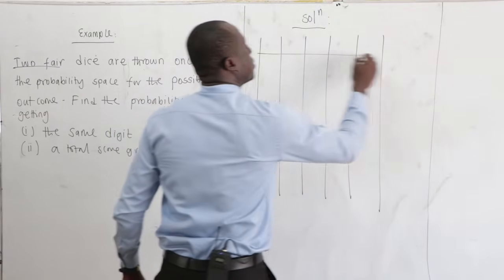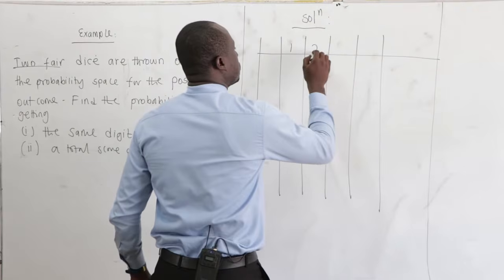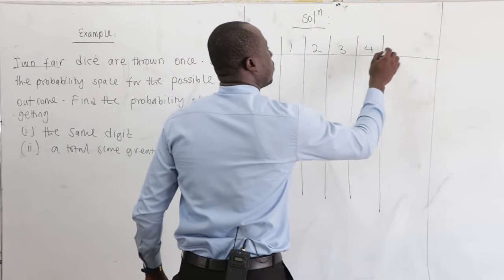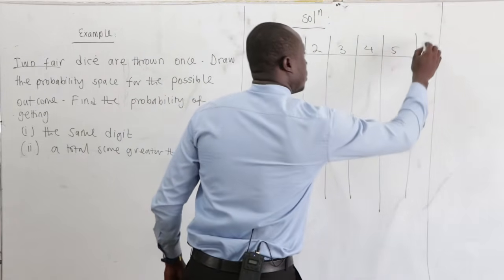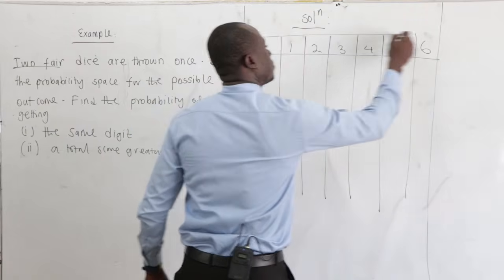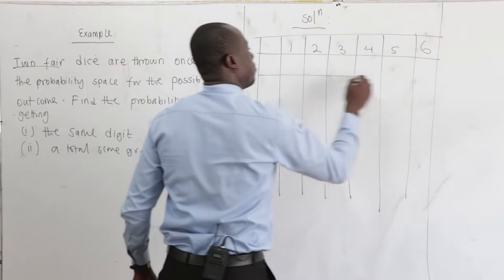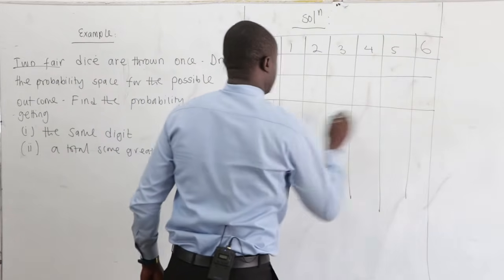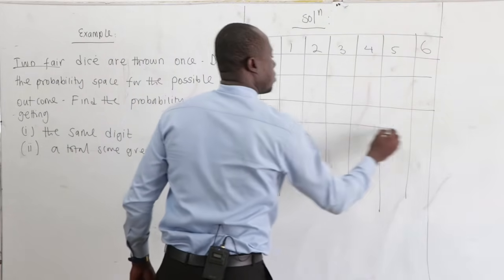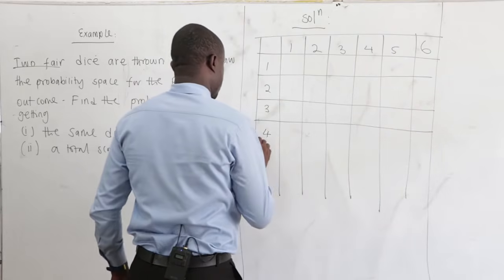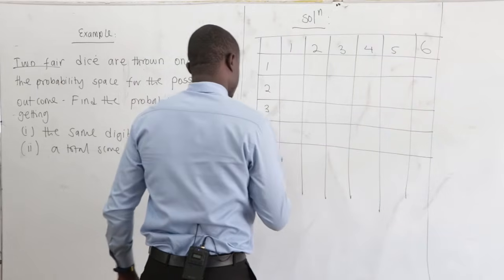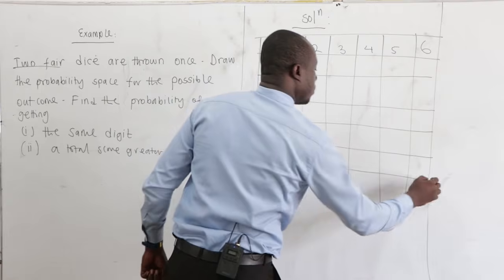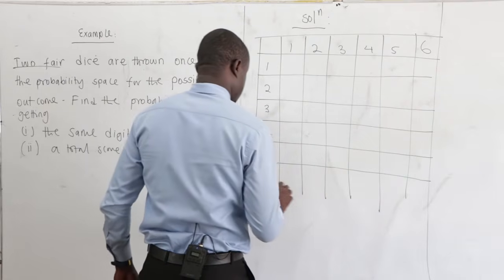So let's suppose that this is 1, 2, 3, 4, 5, and then we have 6. Now the second part too, we have 1, 2, 3, 4, 5, and then we have 6.